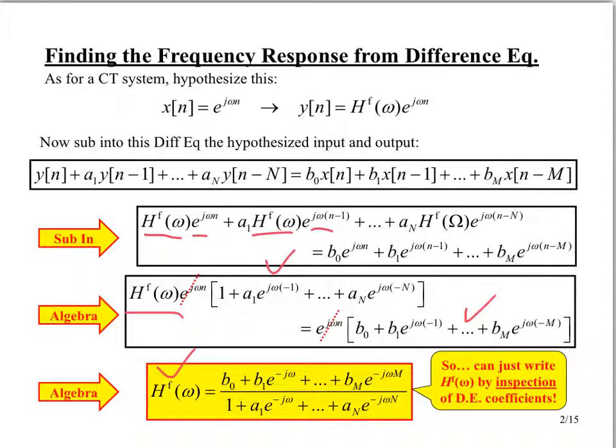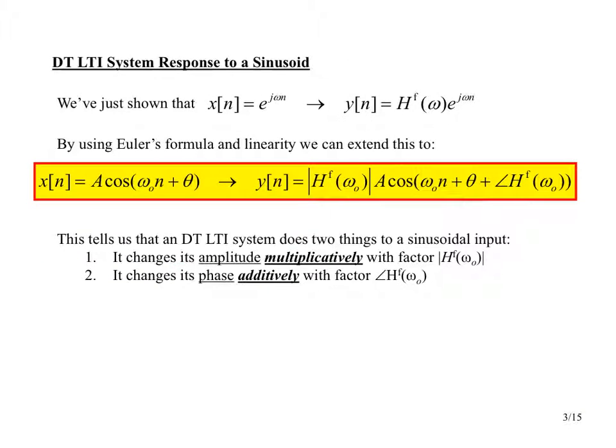And just like we can get the transfer function by inspection, we can get this frequency response by inspection. So we now have an easy way to go from the difference equation to the transfer function, and the same essentially easy way to go from the difference equation to the frequency response. Okay, on to the next slide.